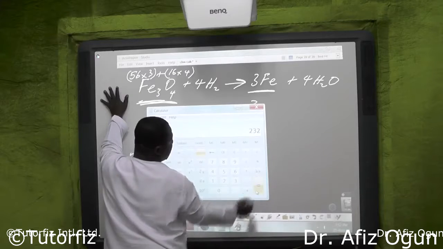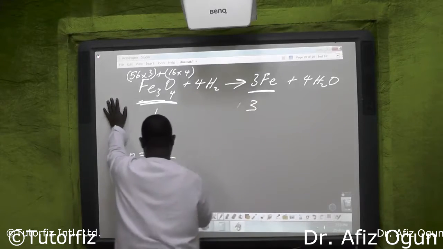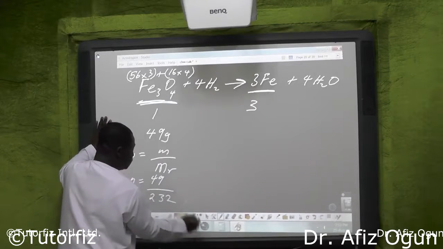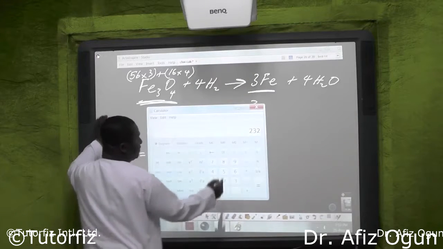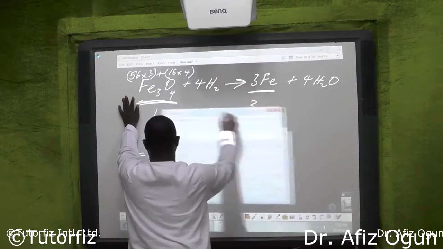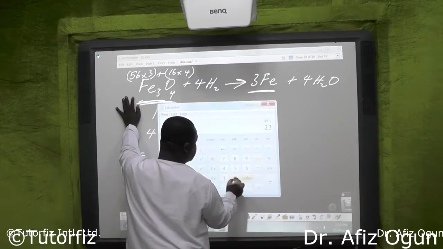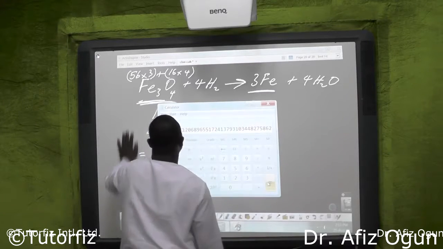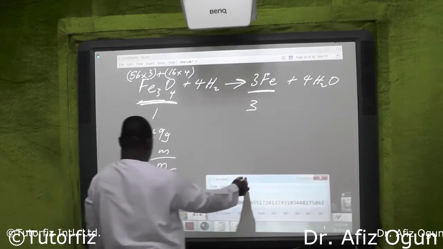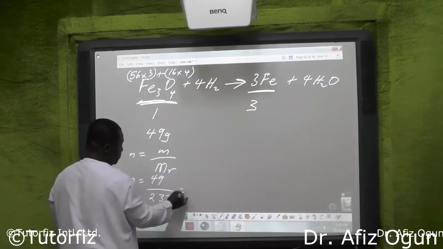My answer is 232. So 49 divided by 232 equals 0.2 moles. The least significant figures there is 2.